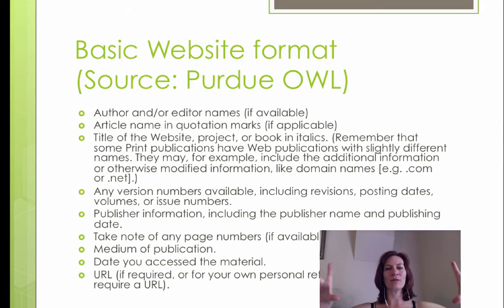Remember that within a website, they'll have the home page, and then a bunch of pages off from that, and all of those pages will be linked together. So not only do you need to give an idea of where the home page is, but you need to talk about what page or what article within that website you got stuff from. It's kind of exciting to think about how we can organize this information in a way that other people can find it easily.